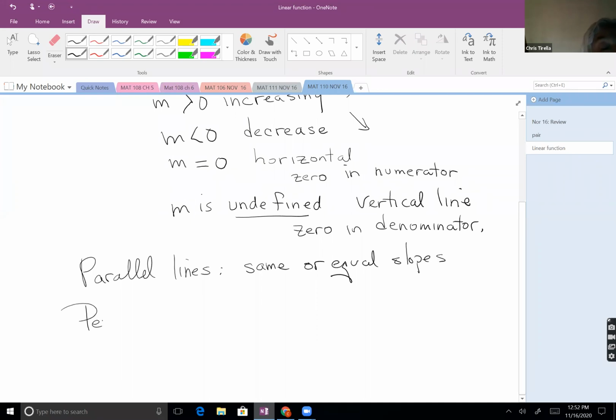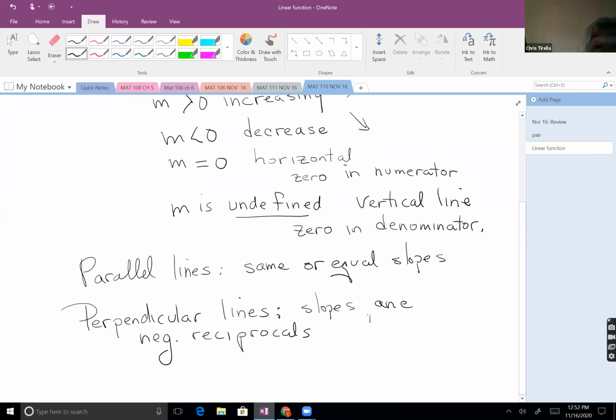And perpendicular lines, we said that the slopes are negative reciprocals. So if one is A over B, the other would be the opposite, negative. Can flip that fraction, B over A.